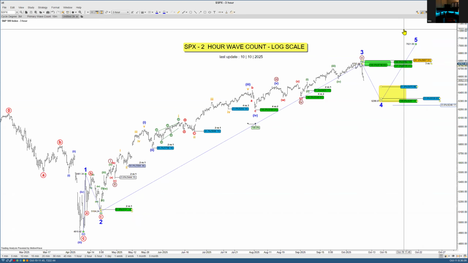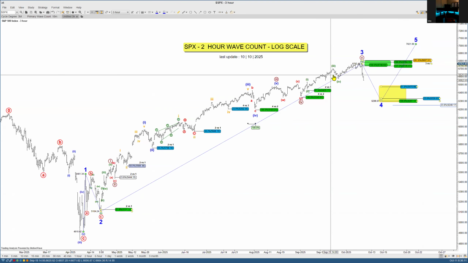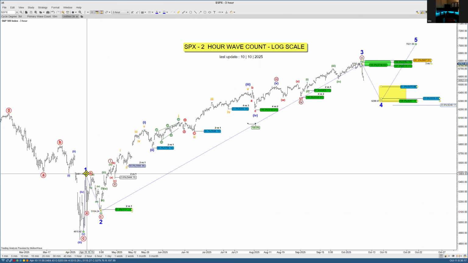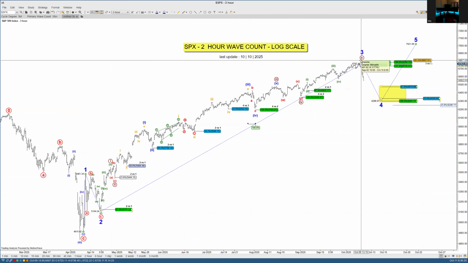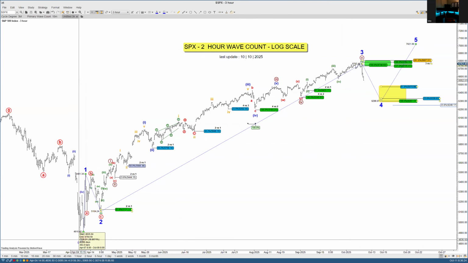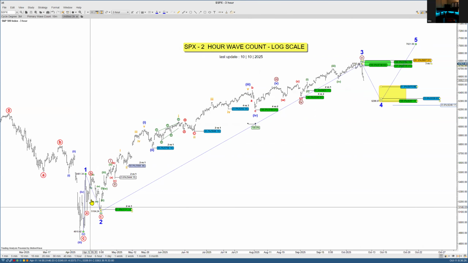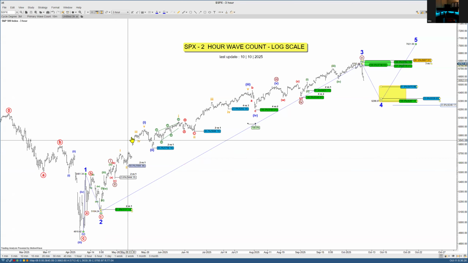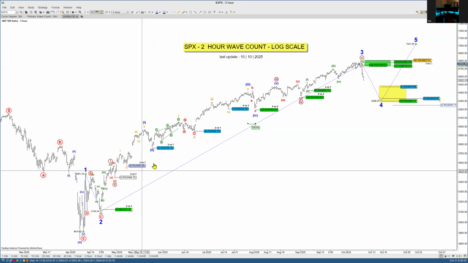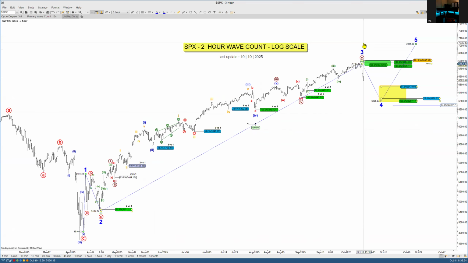Then you could extend and relabel this and say, okay, now I can project more upside. There are ways that you can change that.